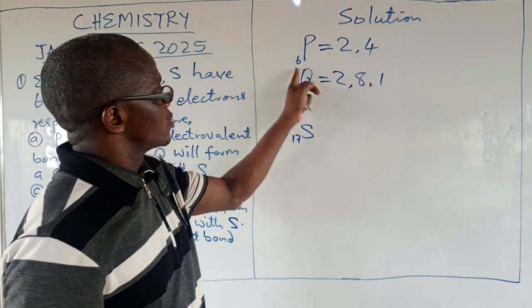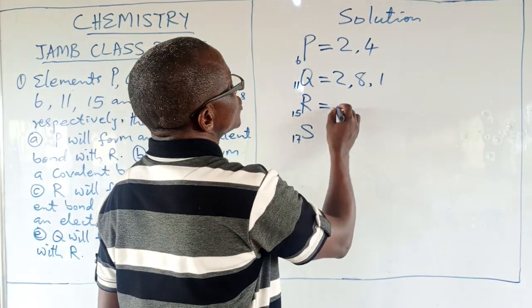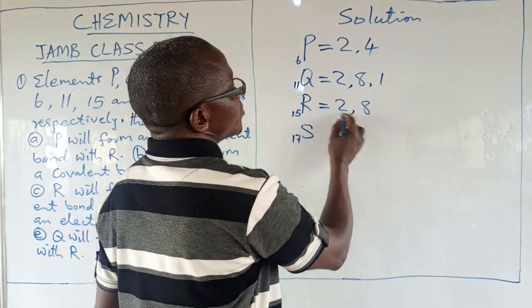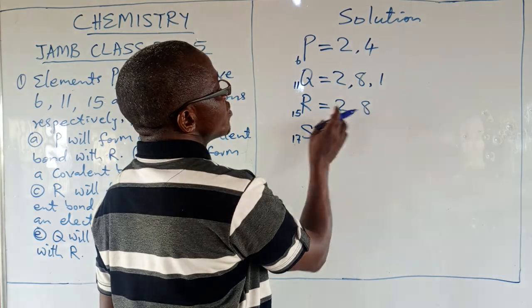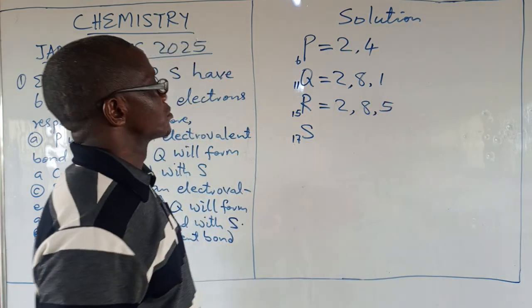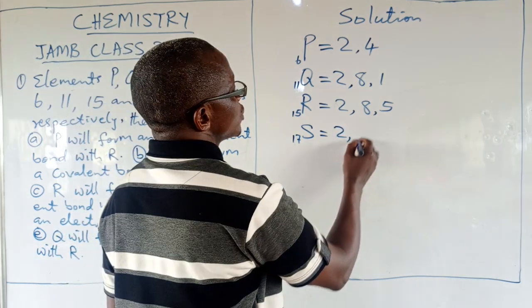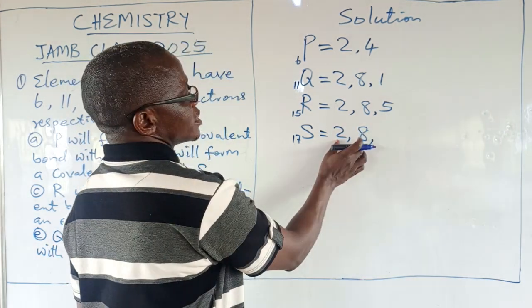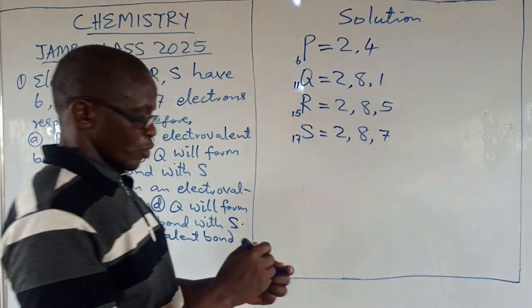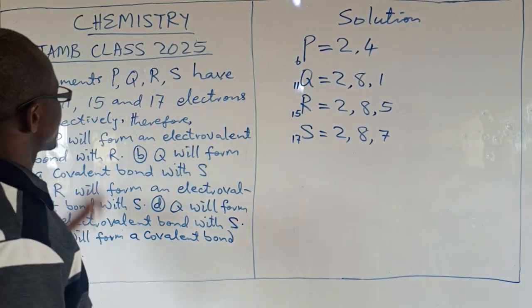For R, 15: first shell 2, second shell 8, that's 10, and 5 remaining go to the third shell. Now for S, 2, 8, this is 10 from 17, 7 is remaining. So these are the electronic configurations that will help you answer this question.